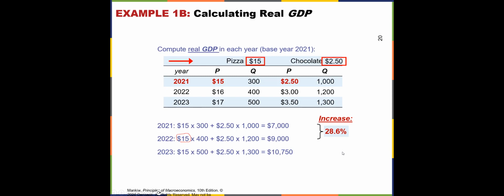When we look at the increase in real GDP, it's not as much as the nominal GDP, right? The increase is 28.6%. The reason is because we keep the prices constant, so the increase comes only from production. Increase in real GDP from 2022 to 2023 is 19.4%. Again, compared to nominal GDP it is much lower.